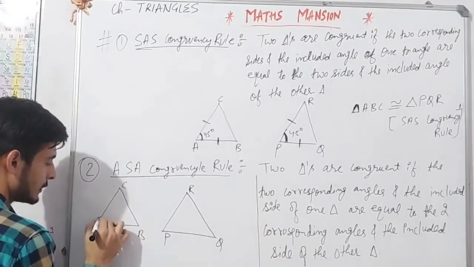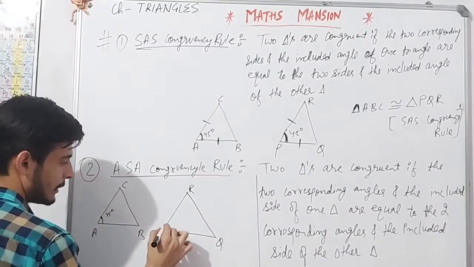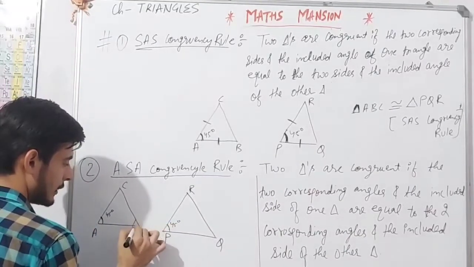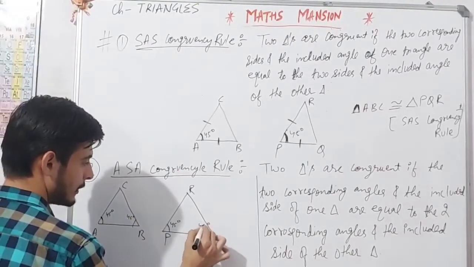If the two angles, let's say angle A is 45 degree, angle P is also 45 degree, B is also 45 degree, C is also 45 degree.